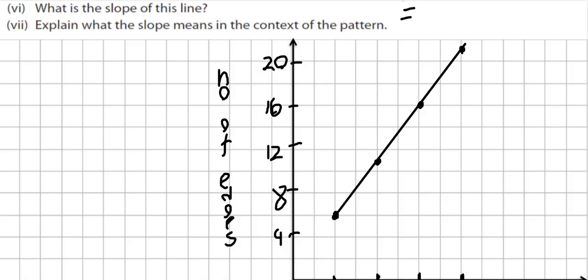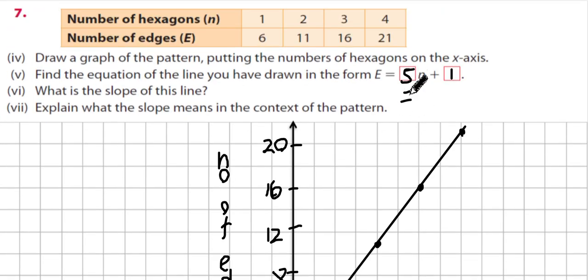Let's see where it would hit the axis if we were to draw it. It hits the axis at 1. So we actually already have it using the formula we did earlier. 5n plus 1 is perfect. It's the same thing as mx plus c. The slope is 5 and the intercept is 1. So that's okay.